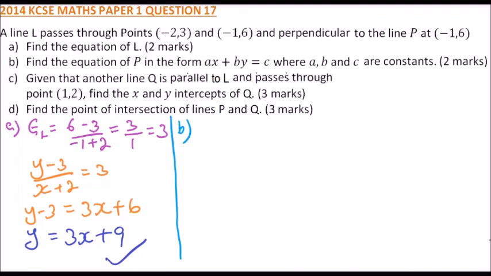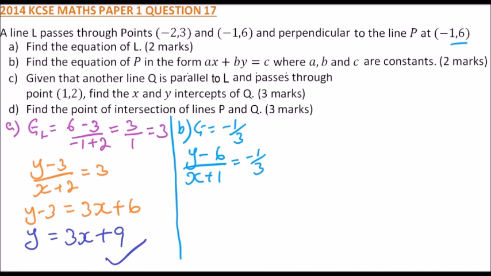Because this line P is perpendicular to line L, its gradient is equal to minus a third, because when you multiply minus a third times 3, you get minus 1. So to get the equation, we are going to use this point. You say y minus 6 divided by x plus 1 is equal to minus a third.